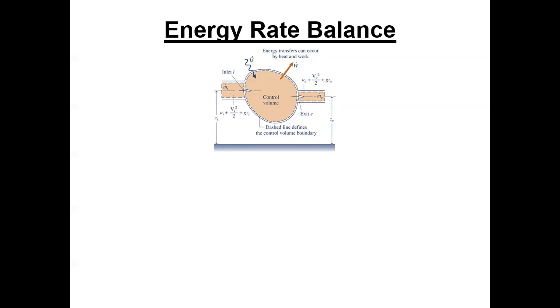So he's showing it coming in because heat added to the system is positive. He shows the little squiggly line with the Q dot coming in, but that's the net for the whole surface. So, you know, it could be air conditioning. That could be a room.